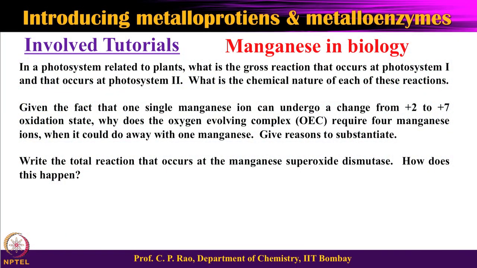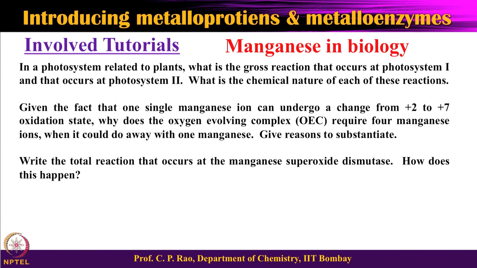All of these are possible with one manganese, but it does not happen. It happens by 4 manganese ions, because in this particular enzyme each reaction is driven by one pulse of light, and each pulse of light will activate one proton, one electron. And therefore, these are all transferred to each metal ion that you have.